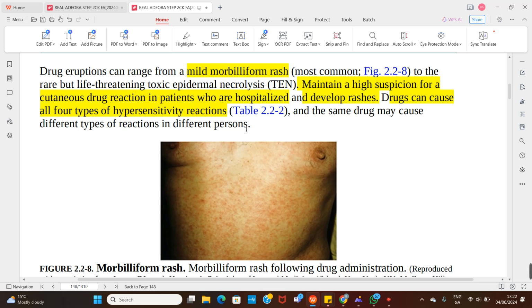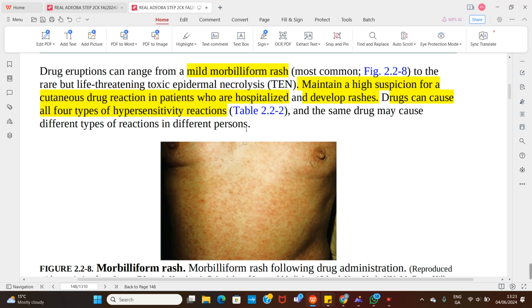For type 3, you can look at serum sickness, right? Serum-like sickness. You administer a medication and subsequently you see the individual can have a wide range of rash. It could be morbilliform, it could be papular, it could be pustular, it could take any form in the case of serum-like sickness.